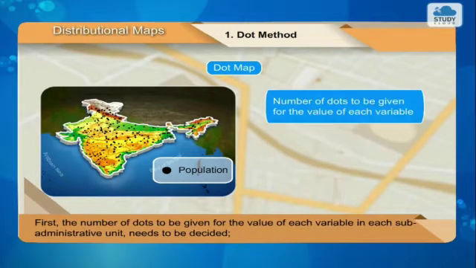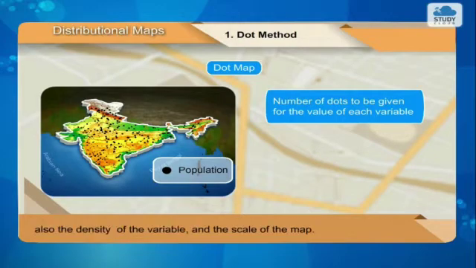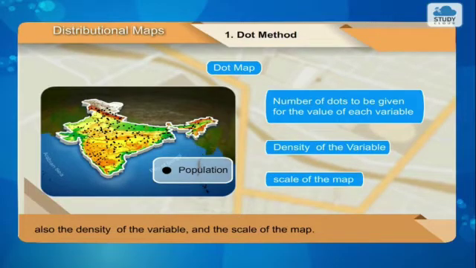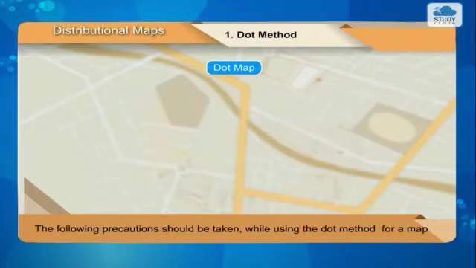First, the number of dots to be given for the value of each variable in each sub-administrative unit needs to be decided. Also, the density of the variable and the scale of the map. The following precautions should be taken while using the dot method for a map.